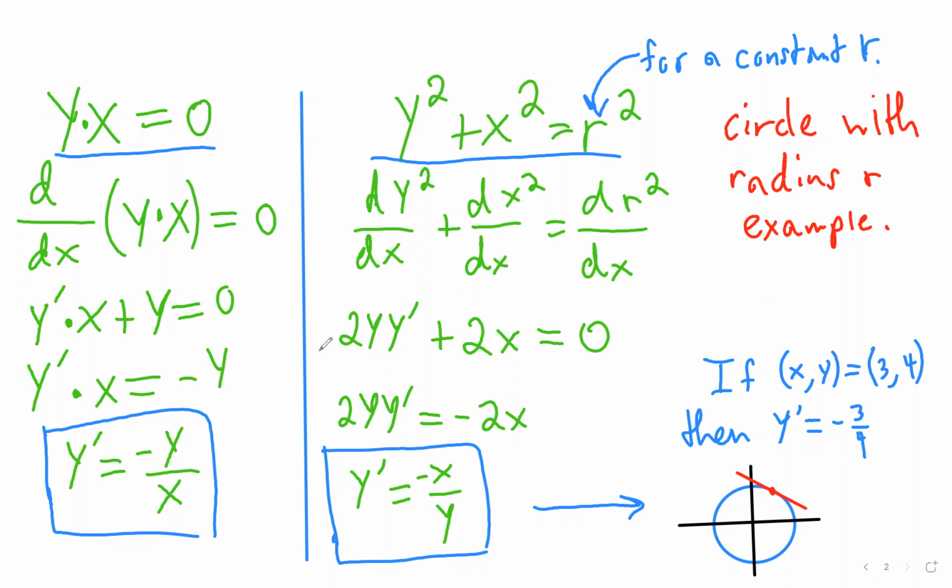If we are looking at the first couple of terms here, which are the actual definition of the circle, the relation between the variables, we can take a look at dy squared over dx. And if we do that derivative, we end up with 2y y prime. This y prime comes out because y is not this x term. This is a function of x. So we're really doing a chain rule here, where we're doing this squared term of some function of x.